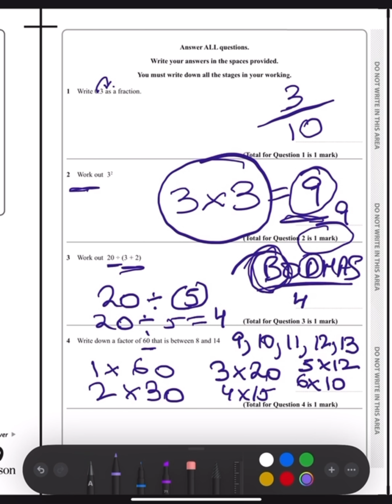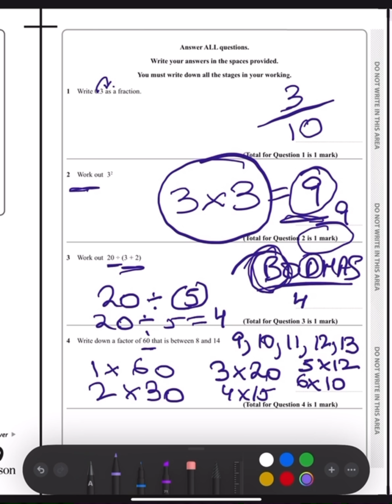Now in these steps, we need to determine which factor of 60 is between the numbers 8 and 14. As we know, 1, 2, 3, 4 have partners which are much bigger than 14, because when we look at the number that is multiplied by, they are also factors of 60, and these numbers are very much bigger than 14.